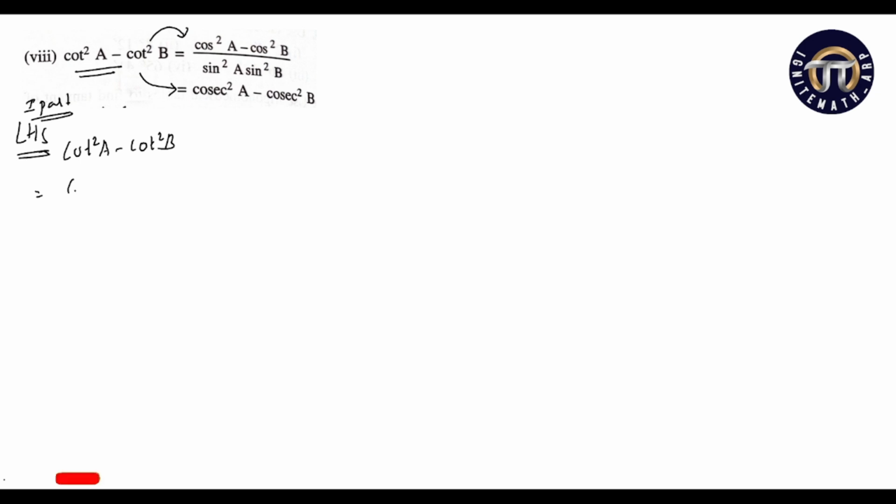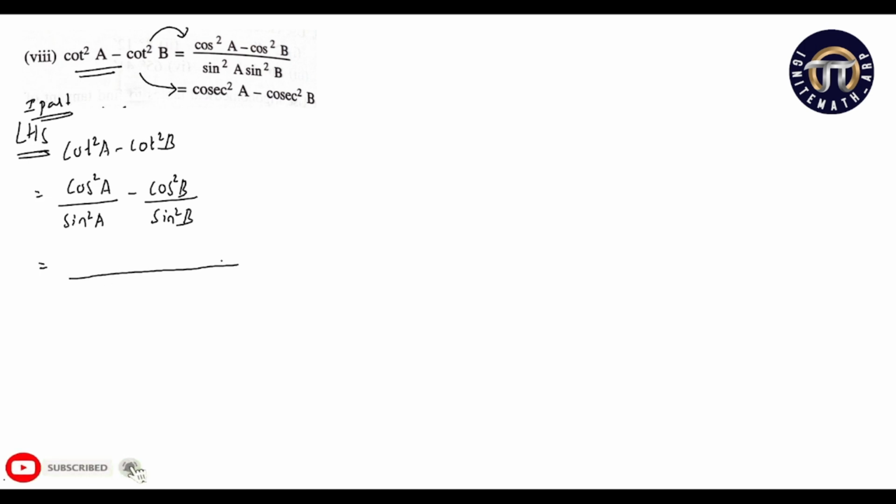Cot square A can be written as cos square A by sin square A minus cos square B by sin square B. So when I take the LCM, it is going to be sin square A sin square B, then cos square A into sin square B minus cos square B into sin square A. Clear, children?